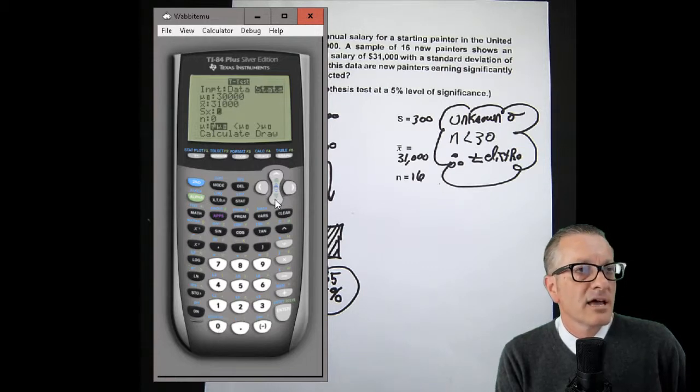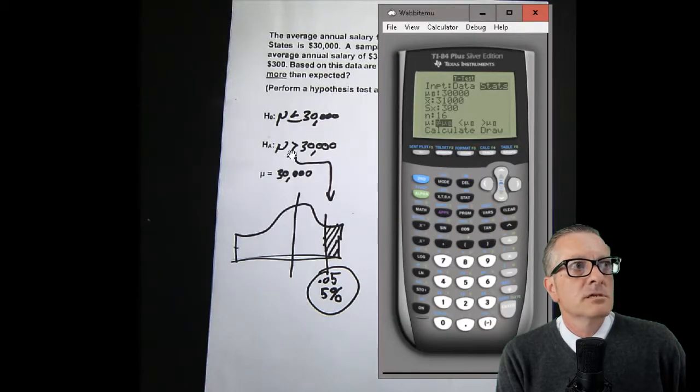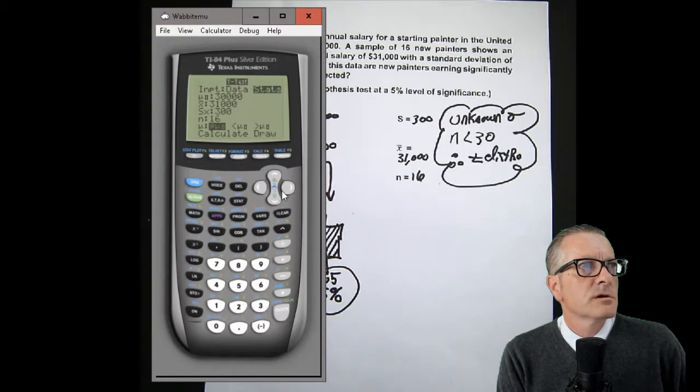Then our Sx, which is the big S, our sample standard deviation of 300. And our n is 16. And this is where we put in the symbol that's used for the alternative hypothesis. In this case, the alternative hypothesis is pointing to the right, so we're going to put in the one that's pointing to the right. And then we're going to calculate.